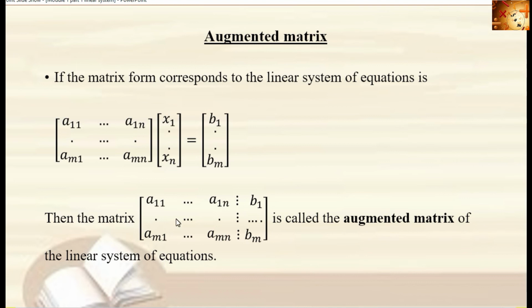That is a matrix with the elements from the coefficient matrix and from b1, b2, etc. bm. It is denoted by the matrix AB.